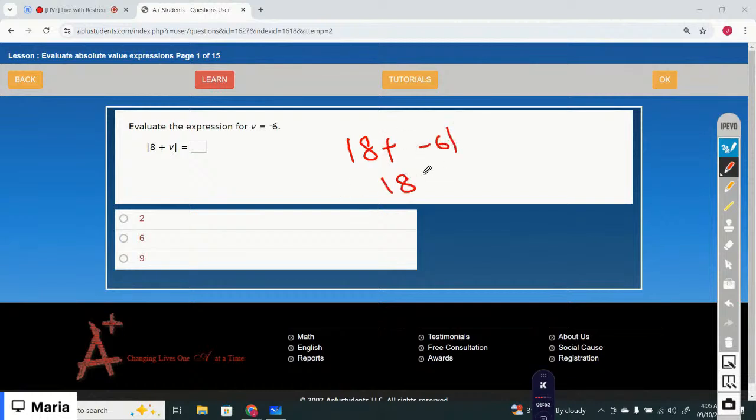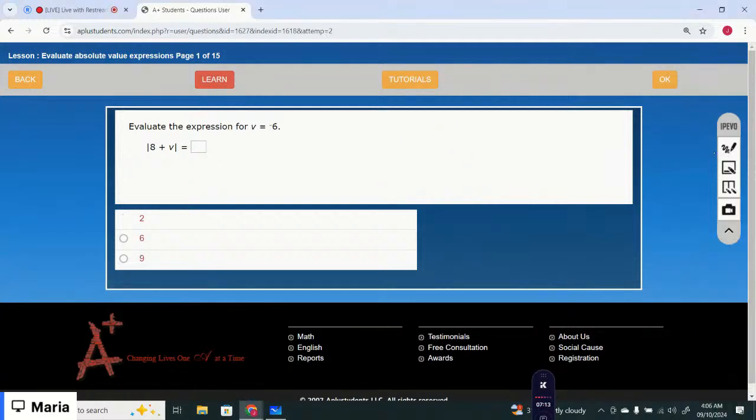So that is 8 minus 6, and 8 minus 6 is 2. So 2 is already positive, so absolute value is 2. The correct option is 2. The correct option is option number 1.